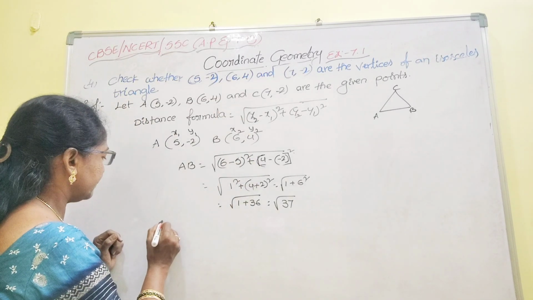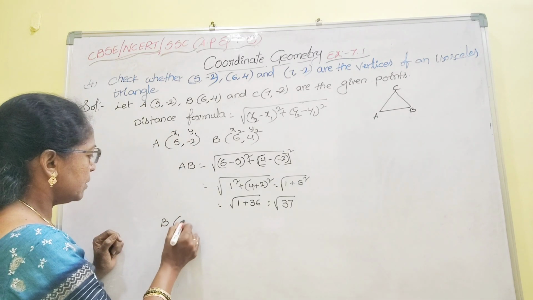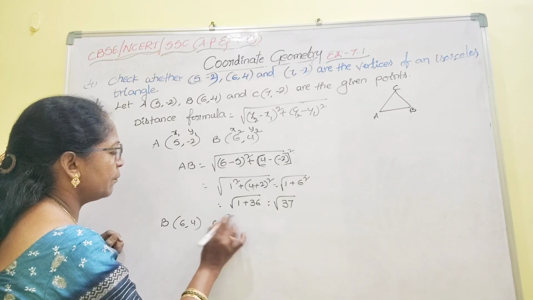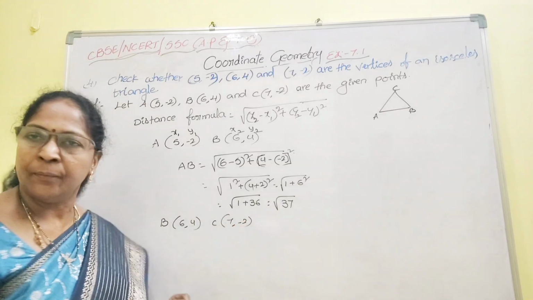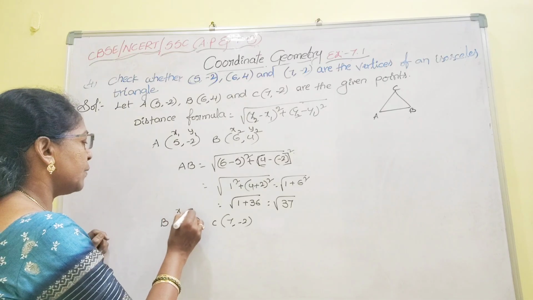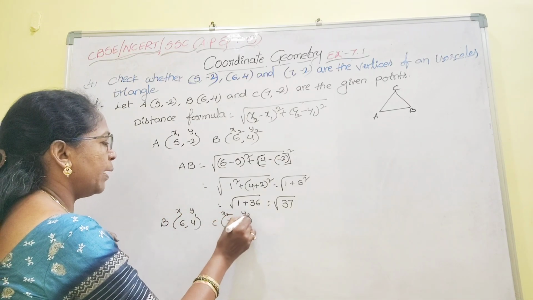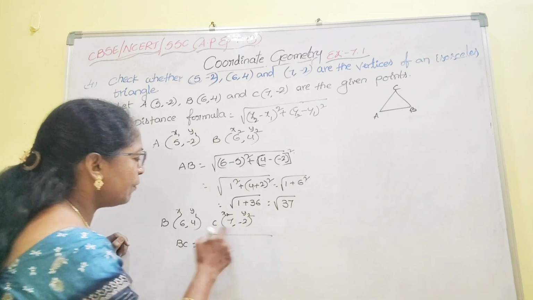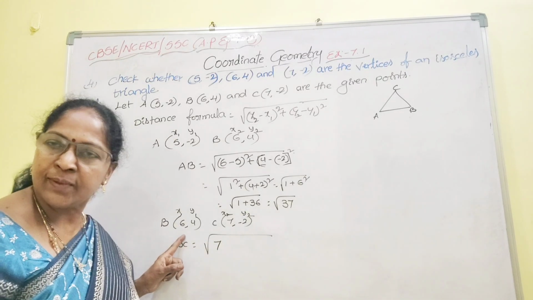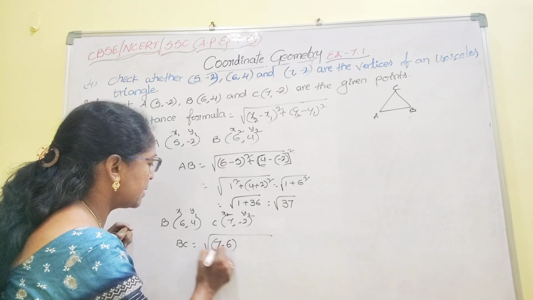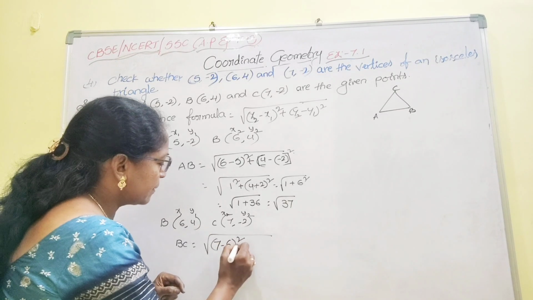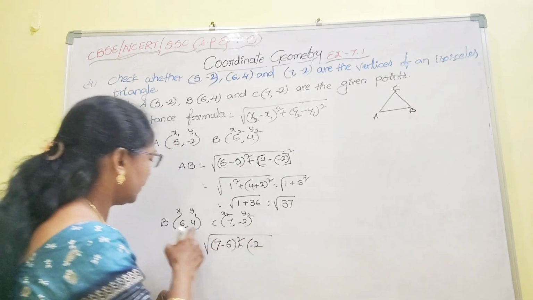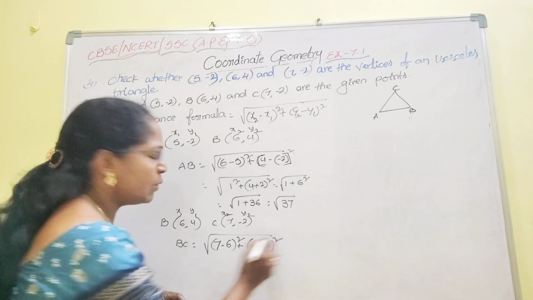Next BC, where B equals 6 comma 4 and C is 7 comma minus 2. Again assume x1, y1, x2, y2. BC equals square root of, where x2 equals 7 and x1 equals 6, so 7 minus 6 whole square plus y2 minus y1, where y2 equals minus 2 and y1 equals 4, whole square.